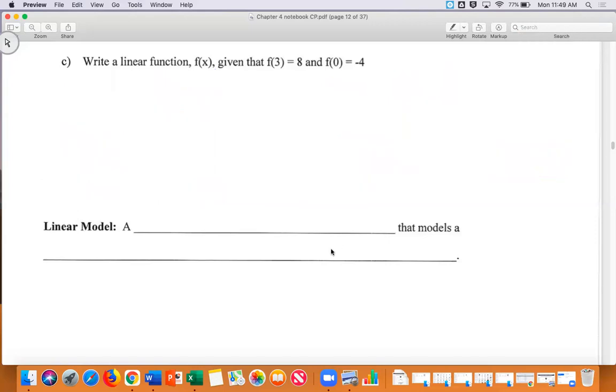Now, a linear model. So a linear model is a mathematical equation that models a real life scenario. Okay?